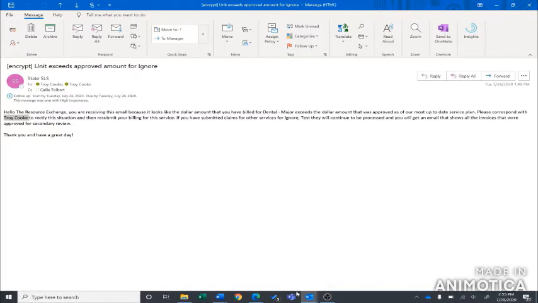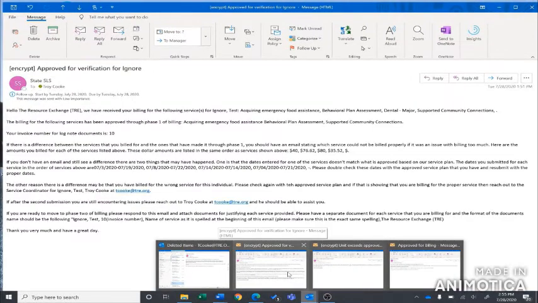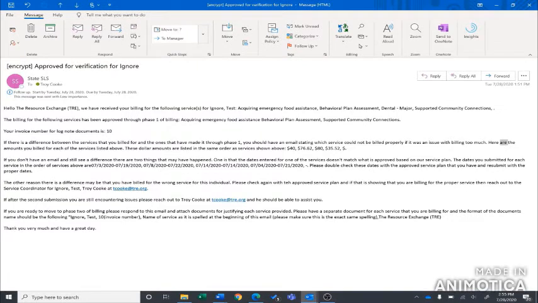Now, the email that you want to receive looks like this. It's a bit of a long email, but it contains all of the important information in regards to the billing process. On this first line, it greets you and shows you all the services that you billed for. Now, these are not the approved services. That's the second line.